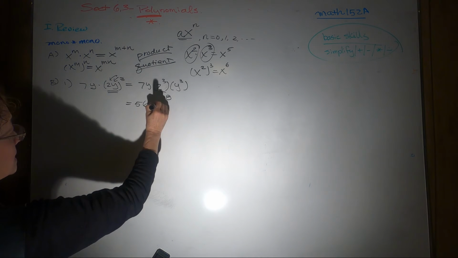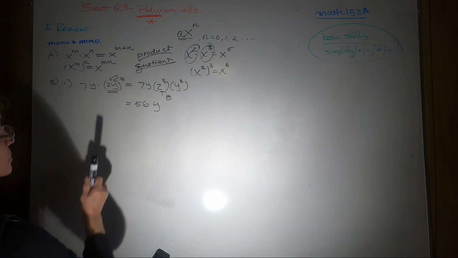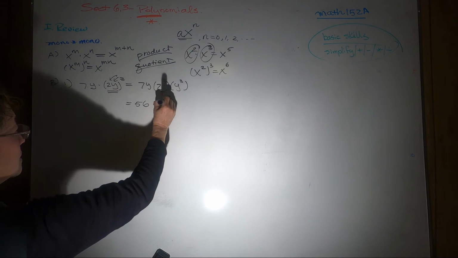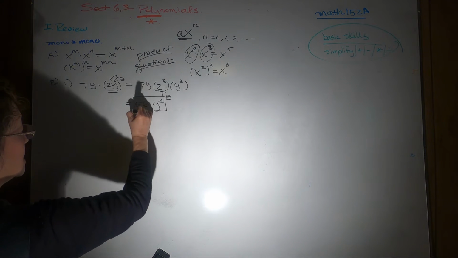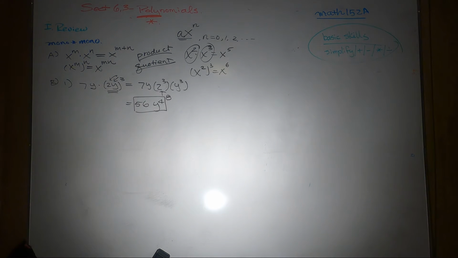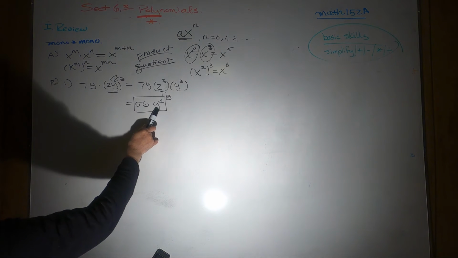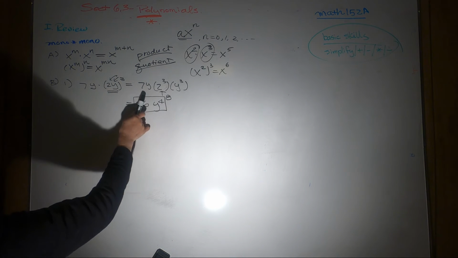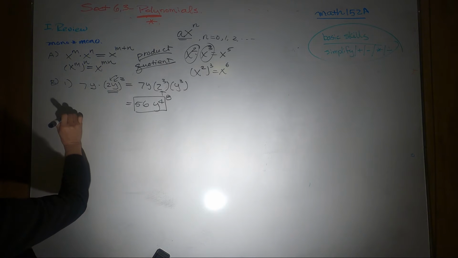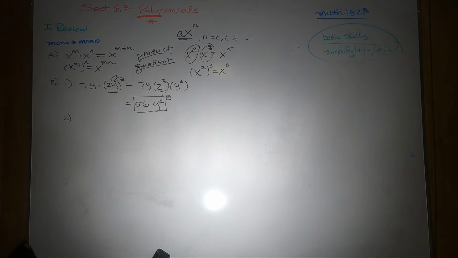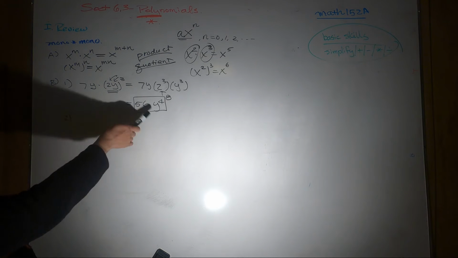And how many y's? Here 1, here 3. Total would be what? 4. So that would be the simplest form you can have. For each individual variable, you have its own power, the number by itself. So that would be the simplest form we want to write, okay, after the multiplication.